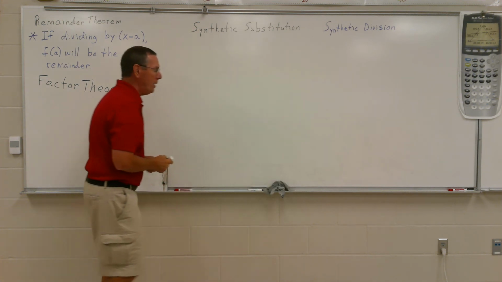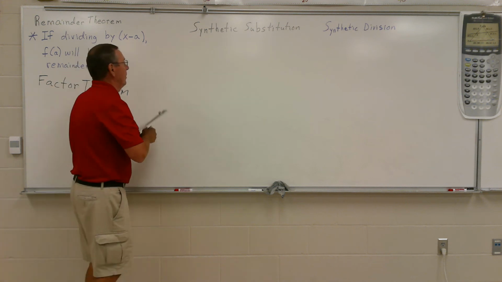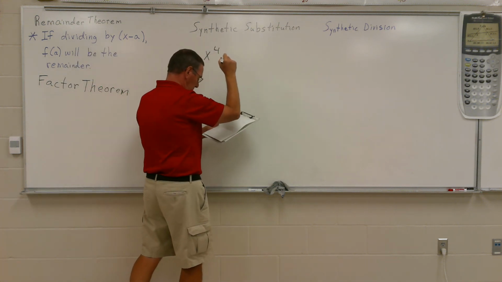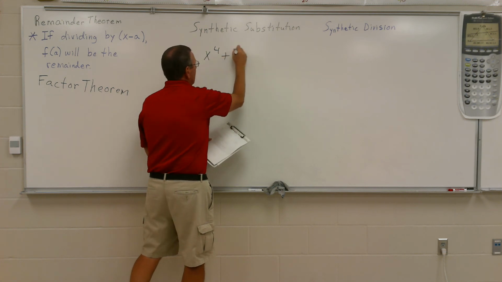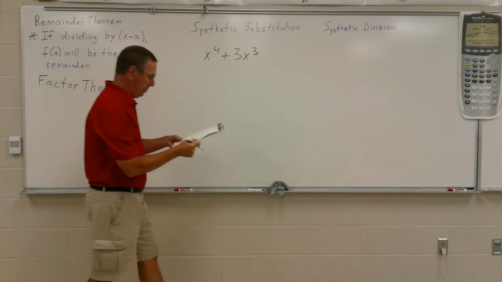Okay, we're going to solve for x, but I'm going to give you a little bit of help on this problem. Miranda, how many answers should I get for this problem?